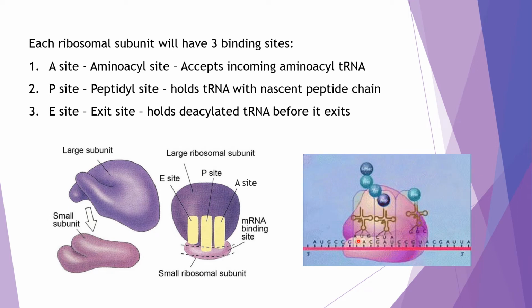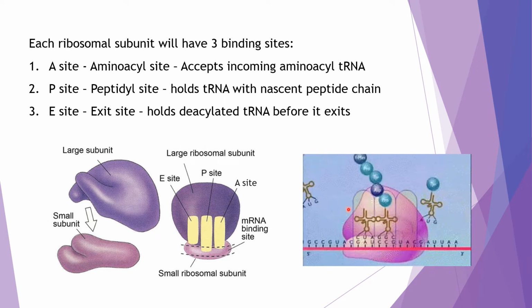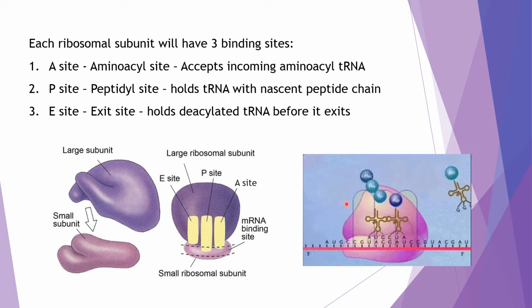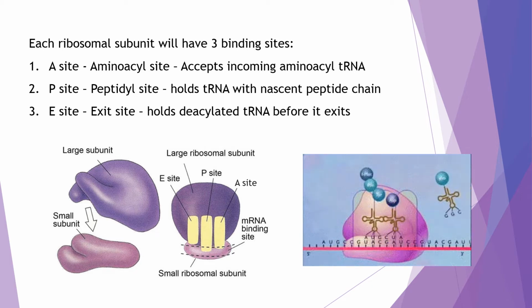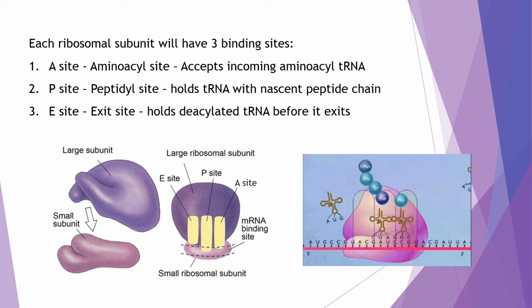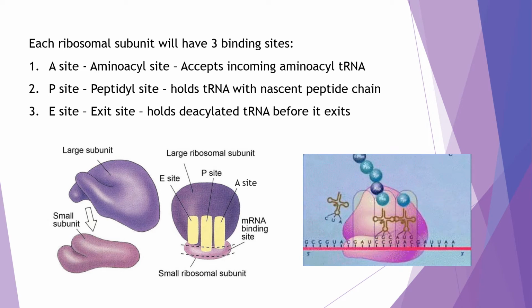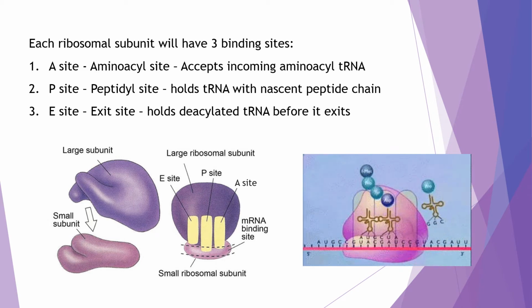So this is the place where the exit of the deacylated tRNA happens. These are the three sites that are commonly found in all ribosomes, and they play a crucial role in the functioning of that particular ribosome.